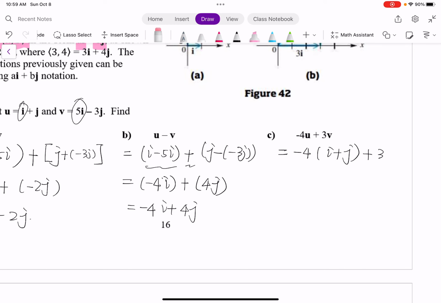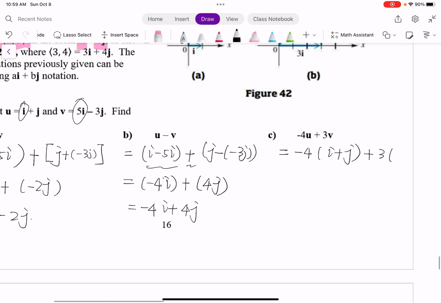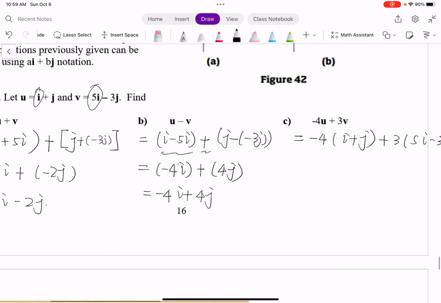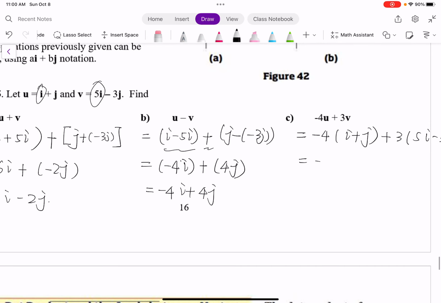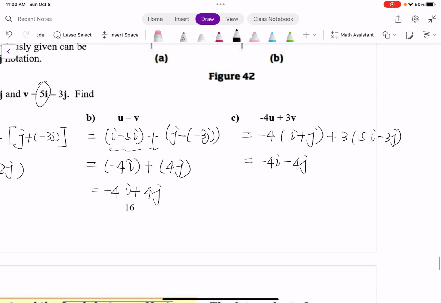What is v? 5i minus 3j. We have negative 4i minus 4j plus 15i minus 9j. Combine like terms, i terms together, j terms together. We have 11i minus 13j.